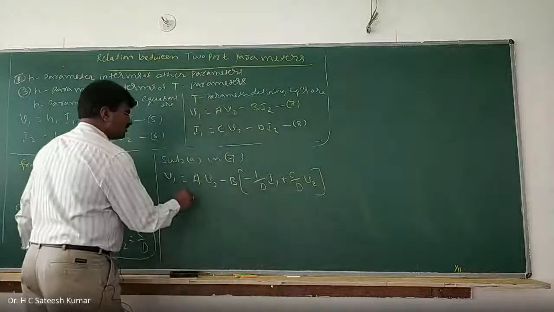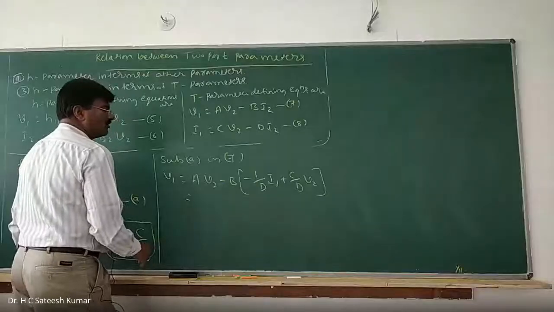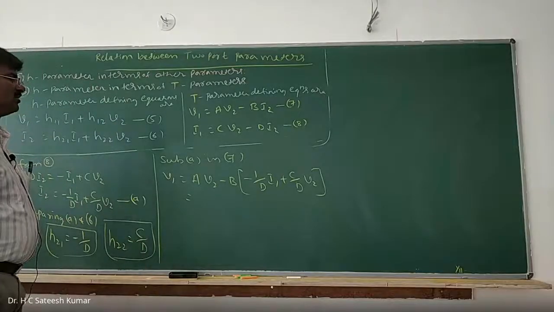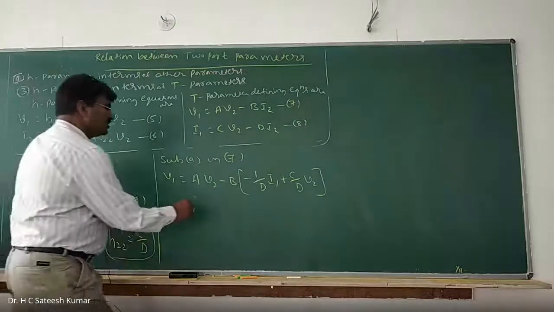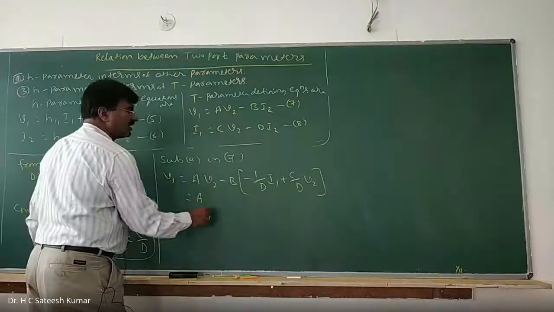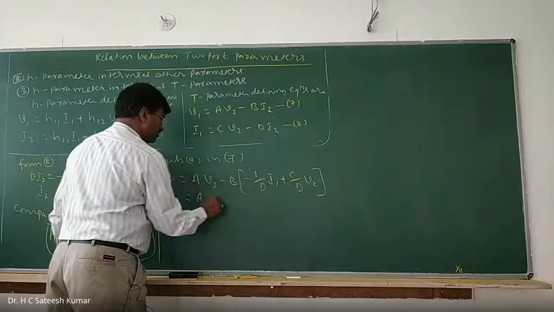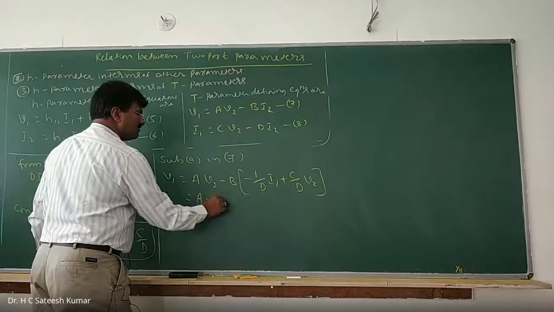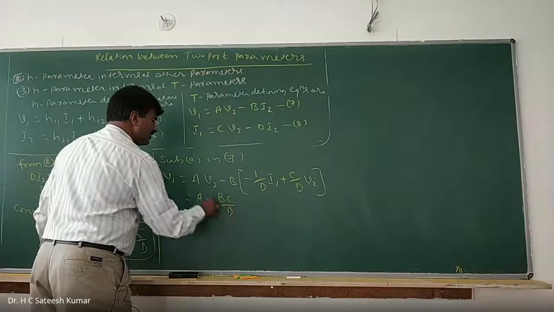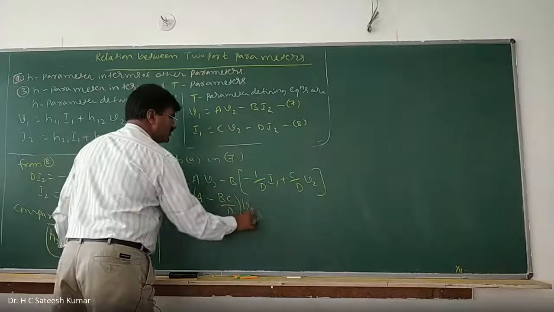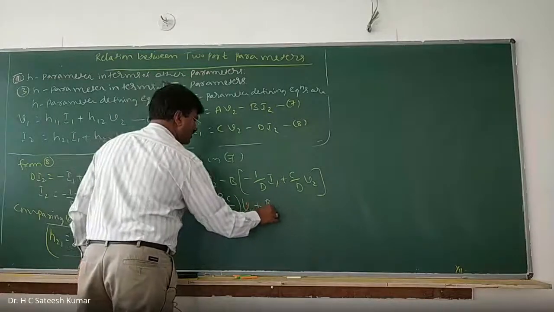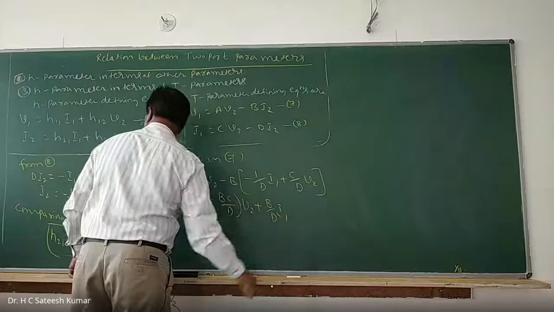Now group V2 coefficients. So, A is there, minus into plus, minus BC by D into V2 plus B by D into I1.